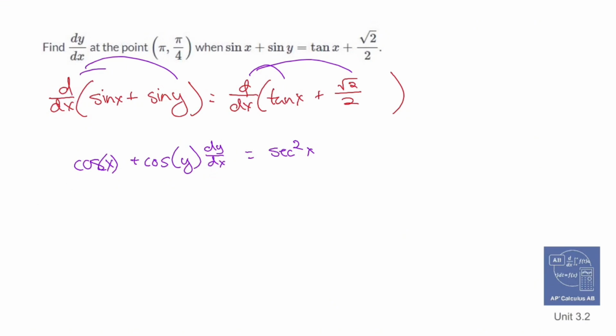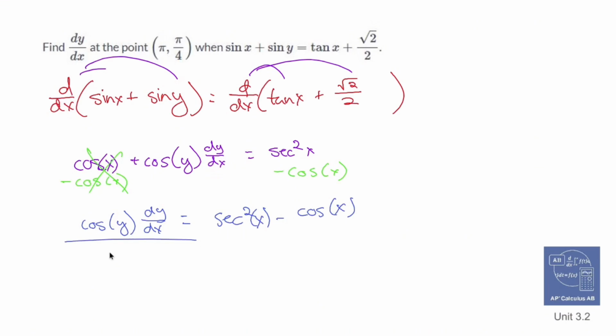Now we get the dy/dx all by itself on the left. So let's subtract cos x from both sides. Cos y dy/dx is now equal to secant squared x minus cos x.